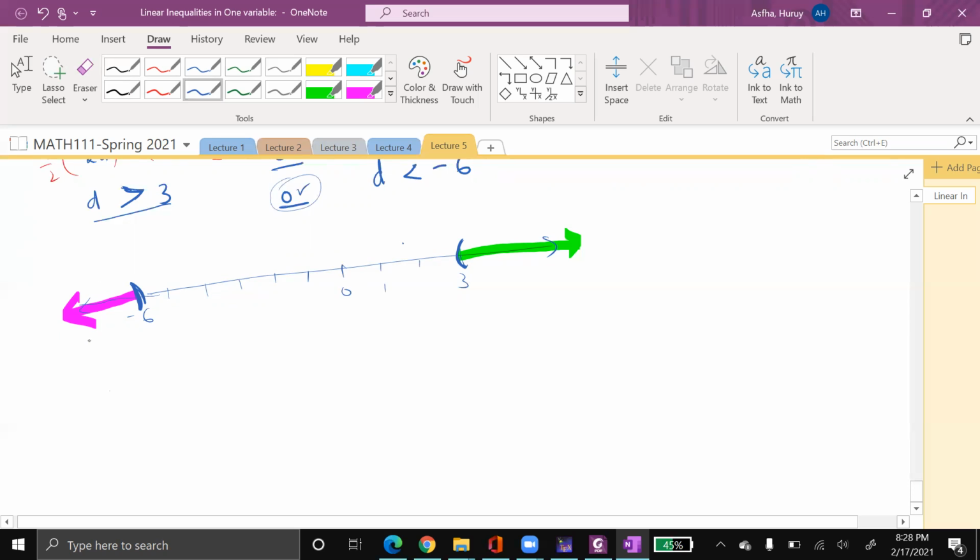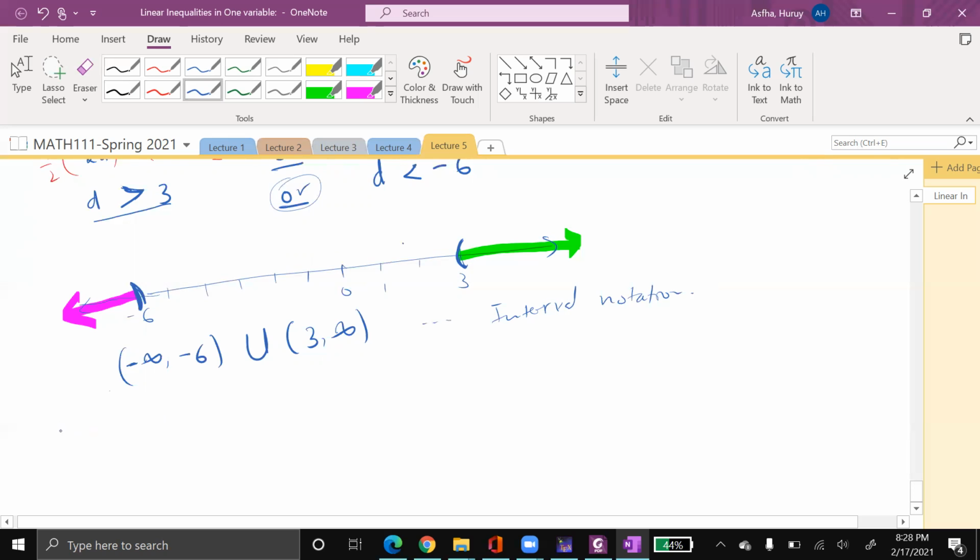The first shaded part is negative infinity to negative 6, union, and the second part is 3 to positive infinity. So this is the solution, and this is interval notation, of course.